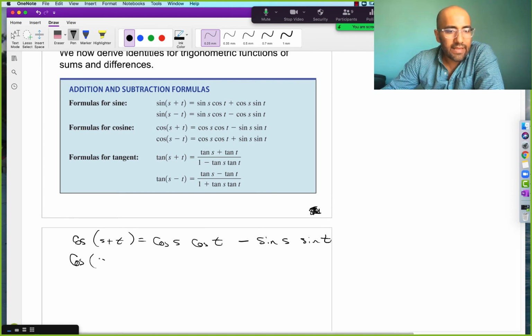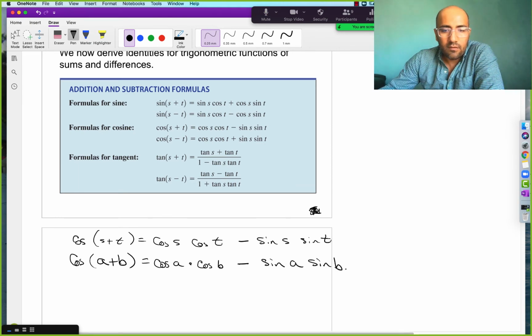How about a and b? Is that a little better? Cosine of a plus b equals cosine of a times cosine of b minus sine of a sine of b, right? Same thing.